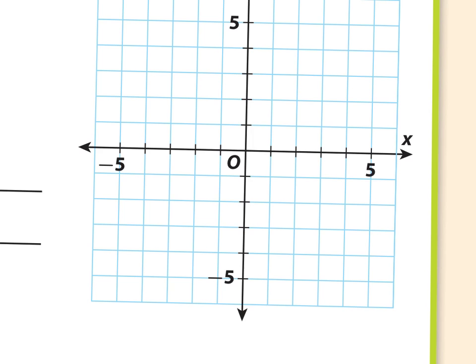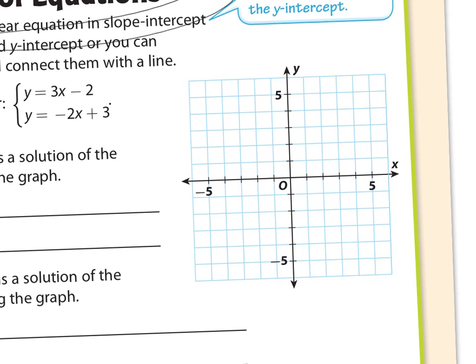So if I took these two equations and graphed them, the first one is y equals 3x minus 2. My y-intercept is negative 2, so I'm going to start down here. That's my first point.